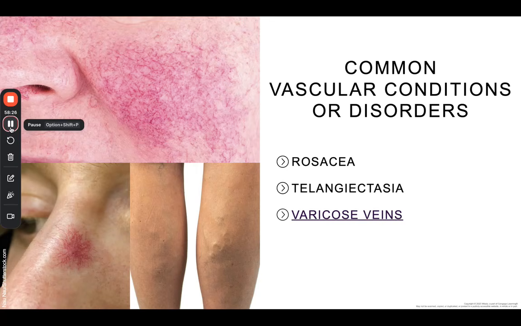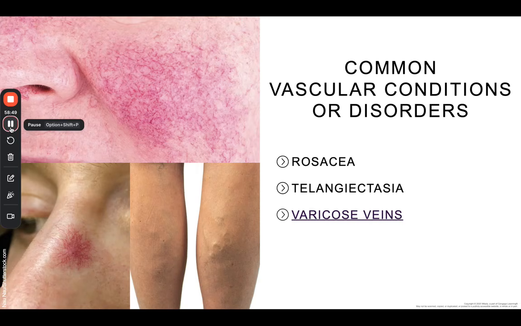As an esthetician, I doubt that you treat these, especially not in Texas, but these are basically dilated and twisted veins. Often we're going to find these on our clients' legs, and they can be caused by pregnancy, extended periods of time standing or sitting, and also by genetics.